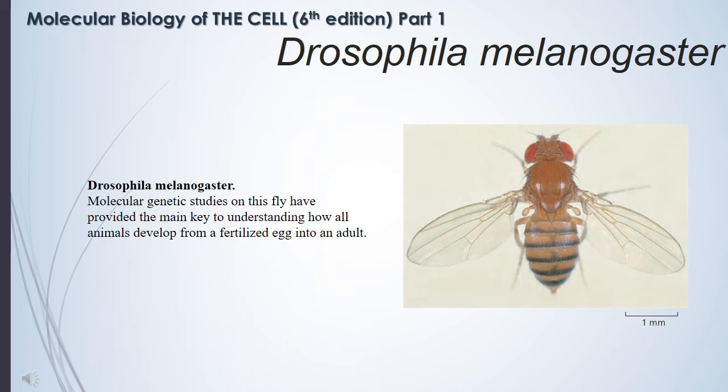The genetic studies done on Drosophila have revealed the fundamental mechanisms of animal development from fertilized eggs into an adult. Using the Drosophila genome, we have determined that when we select for a particular gene, we inadvertently select for other traits also.